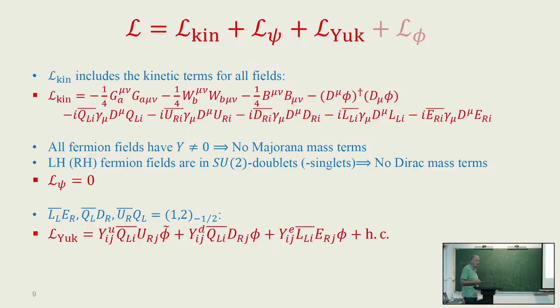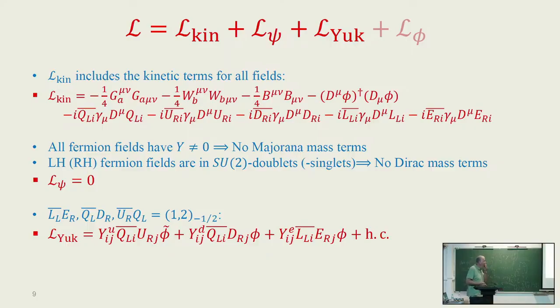All fermion fields have hypercharge different from 0, and similarly the scalar field. Sorry, but here we are concerned with the fermion fields. Since they have hypercharge different from 0, we cannot write Majorana mass terms for them. They are charged under an imposed symmetry, so no Majorana mass term.